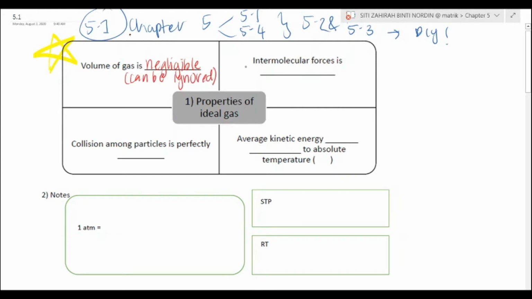Second, intermolecular forces are negligible as well. Third, collision among particles is perfectly elastic. Fourth, average kinetic energy is proportional to absolute temperature, which has a unit of Kelvin, not degrees Celsius.